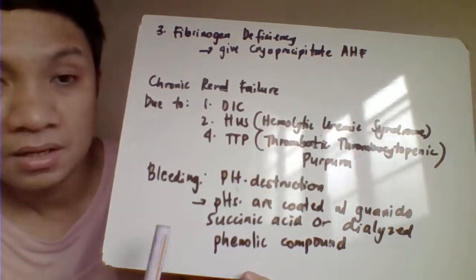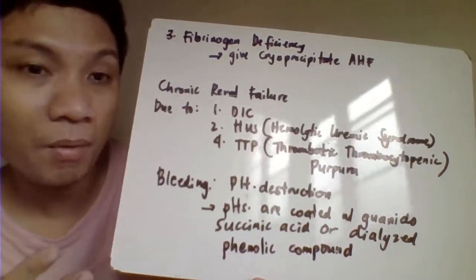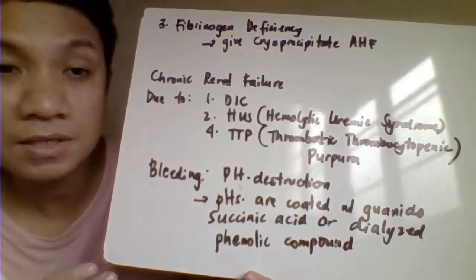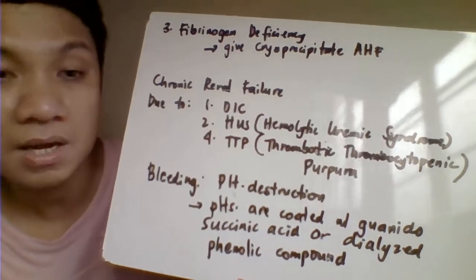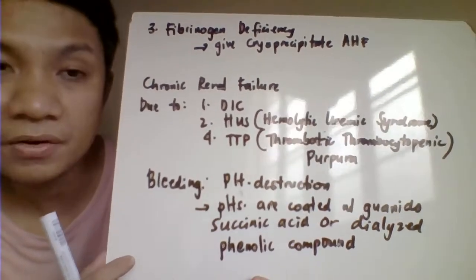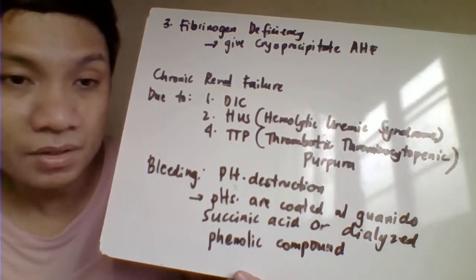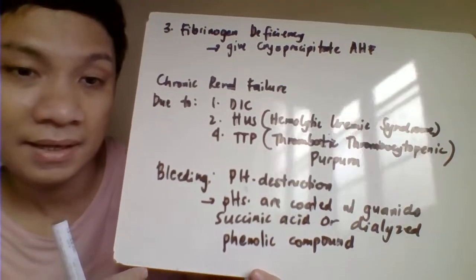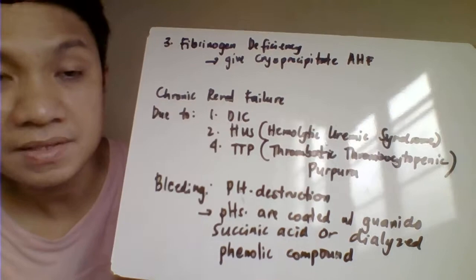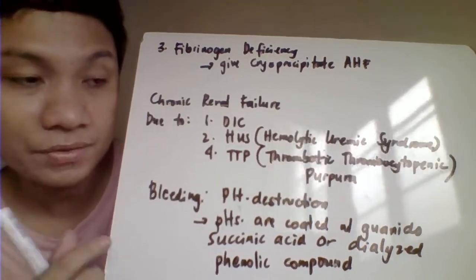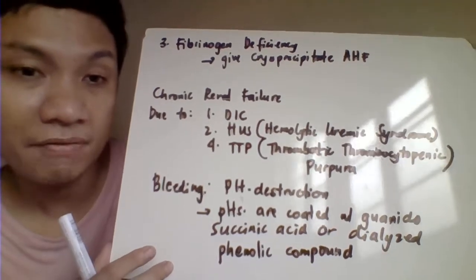Platelet destruction. So, wala kang coagulation factor problem. Okay, so usually, di ba, nagkaroon ka ng bleeding manifestation is either may problem ka sa primary or secondary hemostasis. But in the case of your chronic renal failure, the defect here is on your platelets lang. Nagkakaroon ka ng bleeding manifestation because of a problem with the platelets, not on your coagulation factors. Coagulation factors are normal in chronic renal failure.